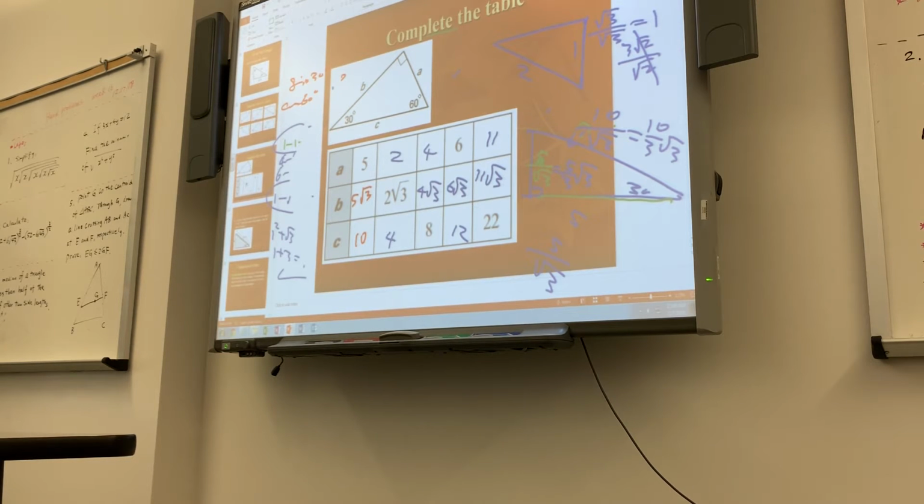Tangent 30 is 1 over square root 3, or square root 3 over 3. Tangent 45 is 1, and tangent 60 is square root 3. So if you can do this tomorrow, your chapter 7 is almost there. Do you understand, please? So sine 30, sine 45, sine 60, cosine 30, whatever, okay? But this is for tomorrow, not for today.